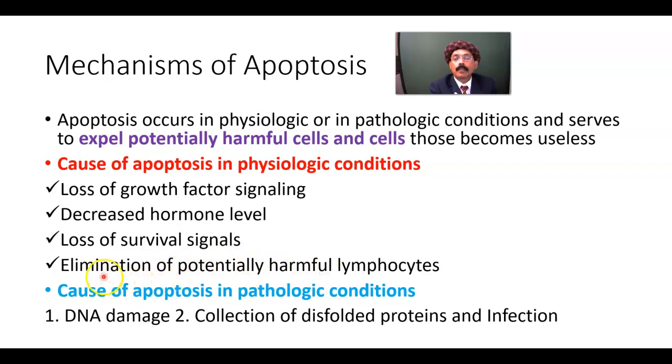Causes of apoptosis in pathologic conditions: DNA damage, maybe due to radiation hazard, accumulation of misfolded protein in the endoplasmic reticulum, and infection in the endoplasmic reticulum or inside the cytoplasm.